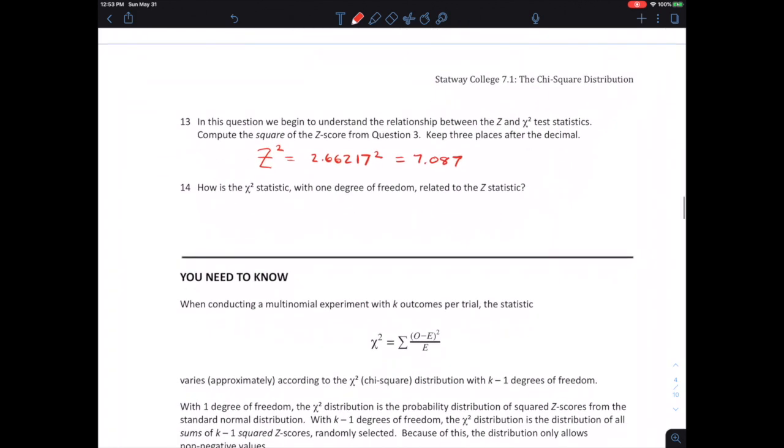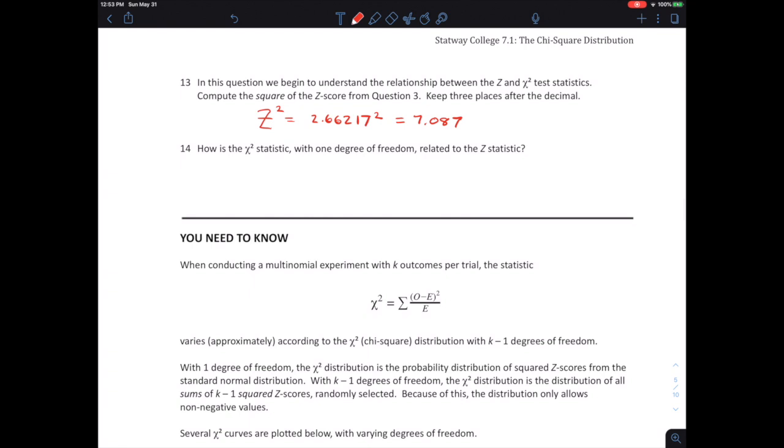On question 14, how is the chi-square statistic with 1 degree of freedom related to the z statistic? Simply put, the chi-square statistic is the square of z. Okay, so this is why we call it chi-square, because it's related to squared z-scores.